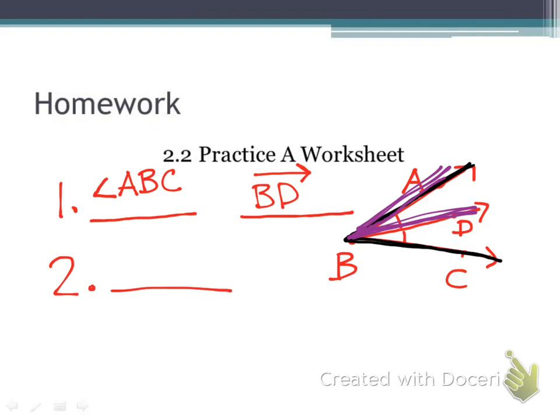So how does the big one relate to the little one? Is it 3 times as big? Is it half as big? The big one is the same as the little one.